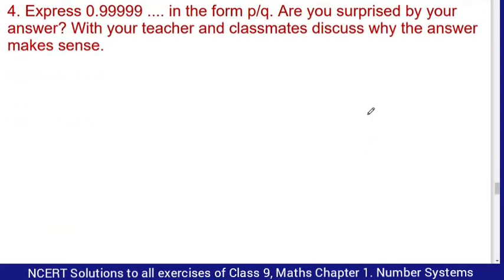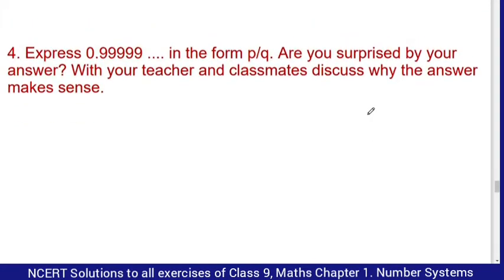Question number 4. Express 0.999 and so on in the form p by q. Are you surprised by your answer? With your teacher and classmates, discuss why the answer makes sense. Solution. Let x be equal to 0.999 and so on.